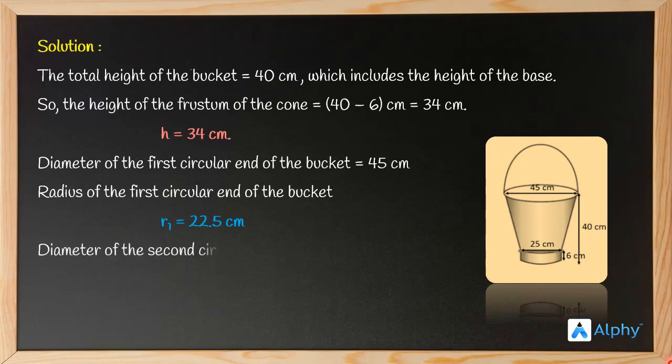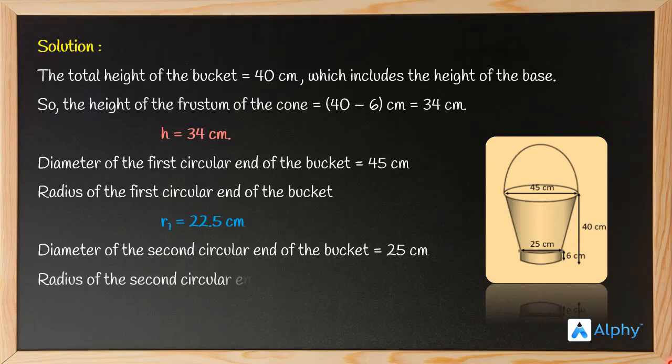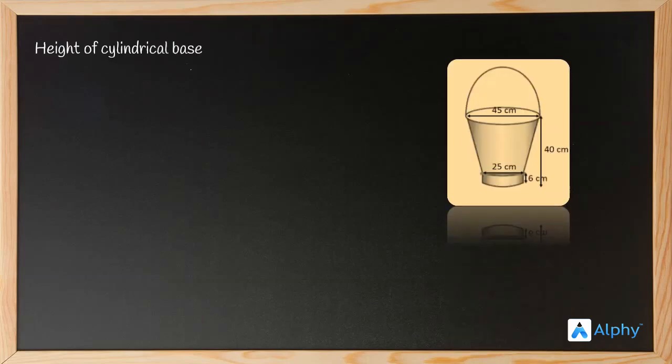Now, the diameter of the second circular end of the bucket is 25 centimeters. But we need the radius. So, the radius of the second circular end will be 25 by 2 centimeters. So, R2 is equal to 12.5 centimeters. Now, the height of the cylindrical base is capital H equal to 6 centimeters.